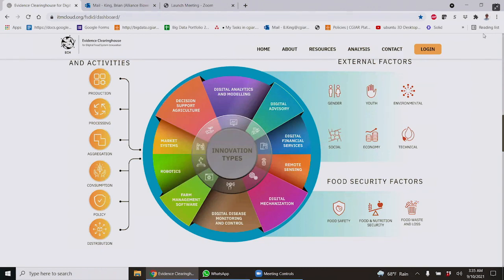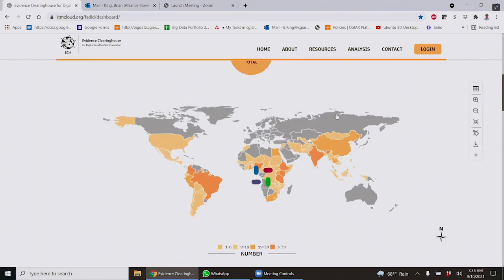And so what this enables us to do as a result is to start to develop some, of course, high-level, but still, I think, very valuable cross-cutting sector intelligence.